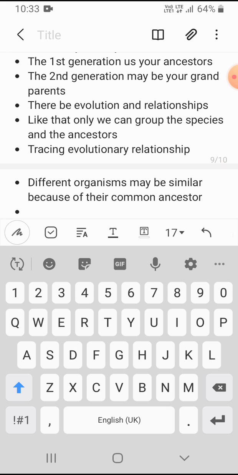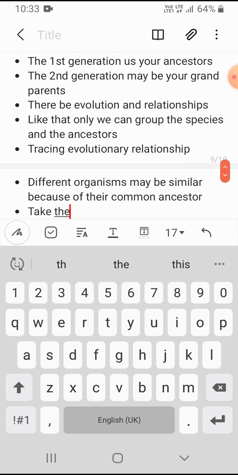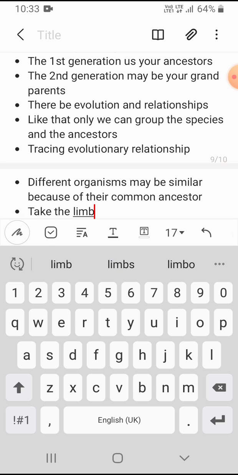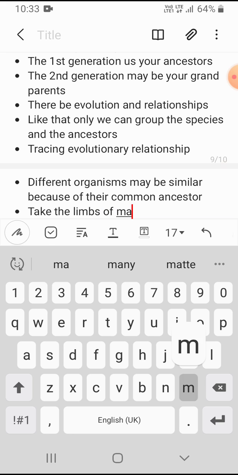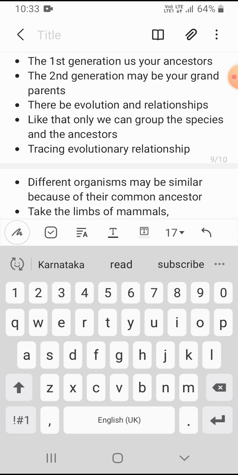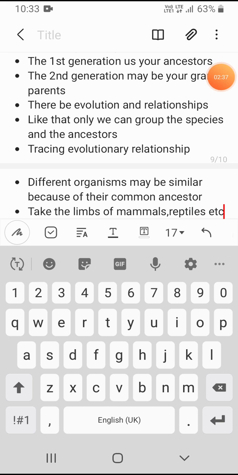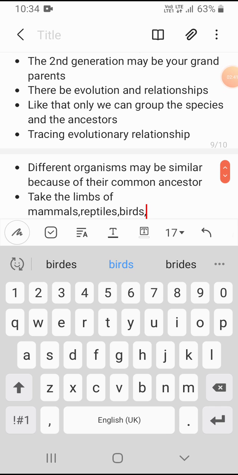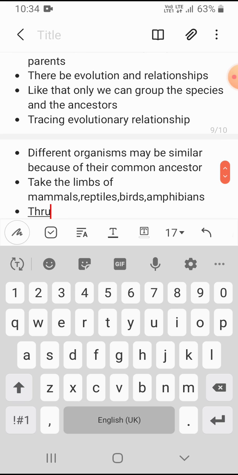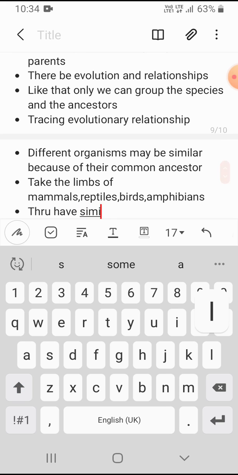Like take an example, the limbs of mammals, reptiles, birds and amphibians. So they have similar limbs.